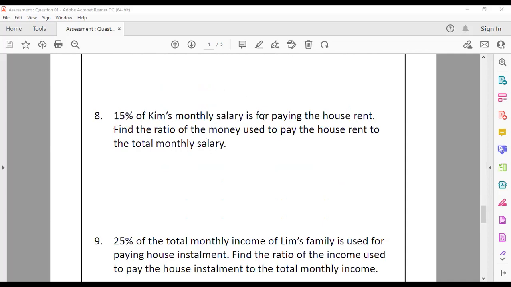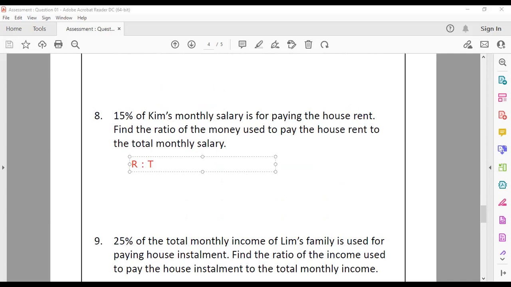15% of Kim's monthly salary is for paying the house rent. Find the ratio of the money used to pay the house rent to the total monthly salary. So guys, over here, you got to use your logic thinking a bit. They want to find the ratio of rent to the total salary.